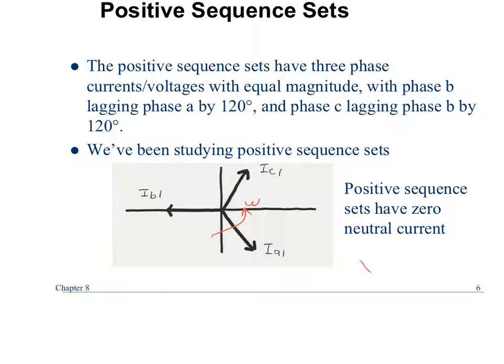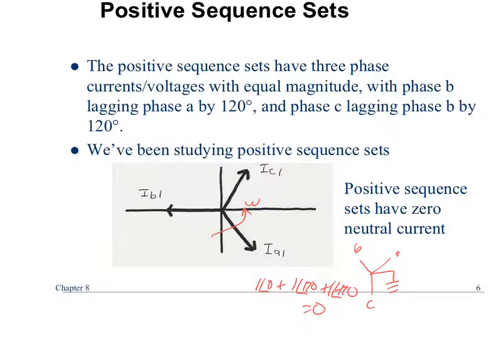If I run A, B, C positive sequence, how much current do I have going into the ground here? Zero, because they're going to sum together. 1 at an angle of 0 plus 1 at an angle of 120 plus 1 at an angle of minus 120 is your result, and that should be 0.